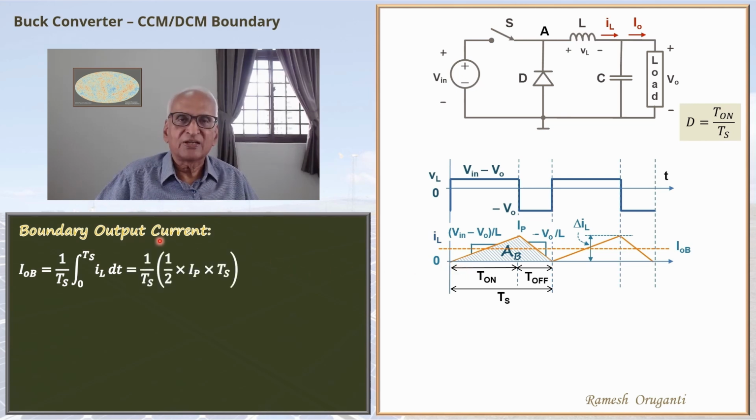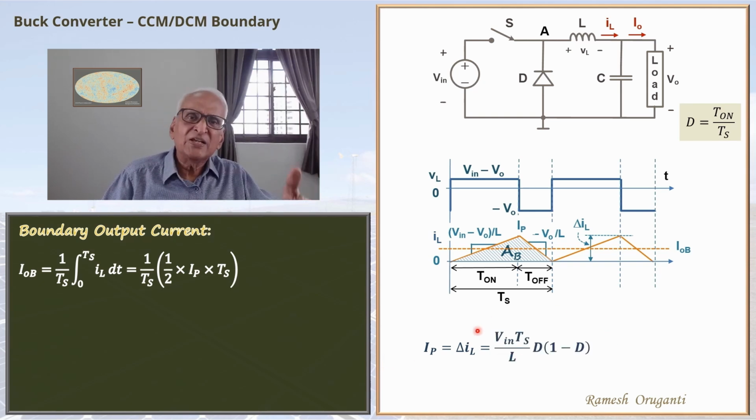Ts and Ts will cancel, so IP by 2 is the boundary current. IP is the same as delta IL, and delta IL we saw it is V in Ts by L d times 1 minus d. We can write this equation in terms of V naught also, which is V naught Ts by L 1 minus d.